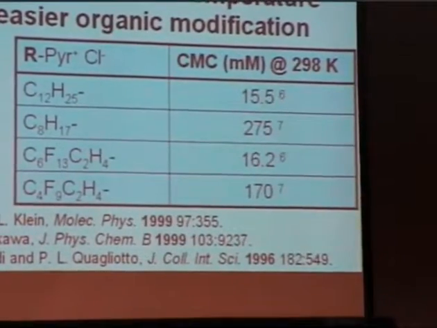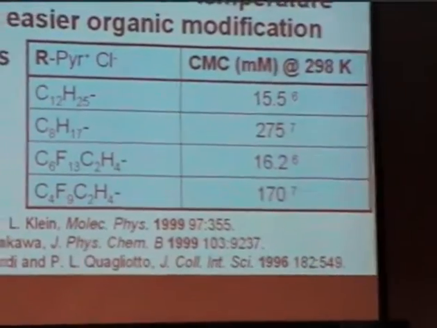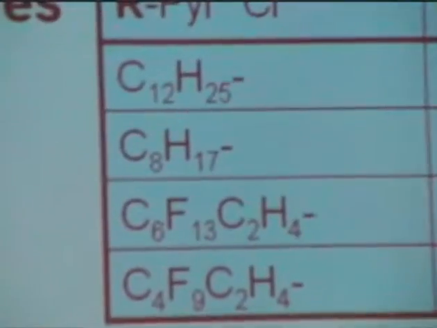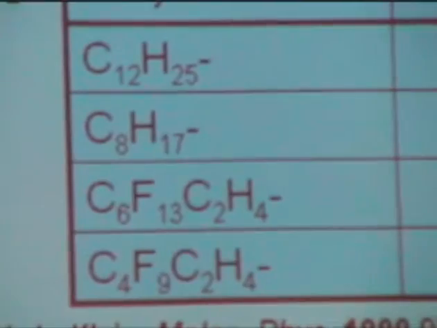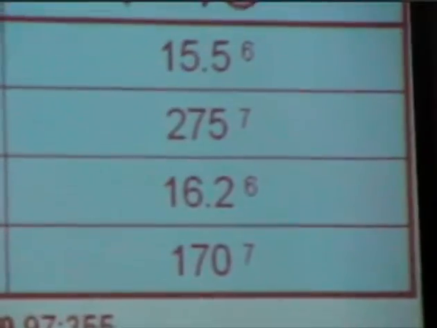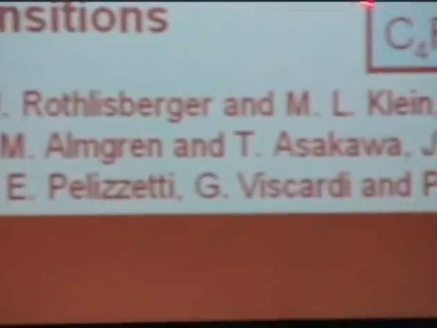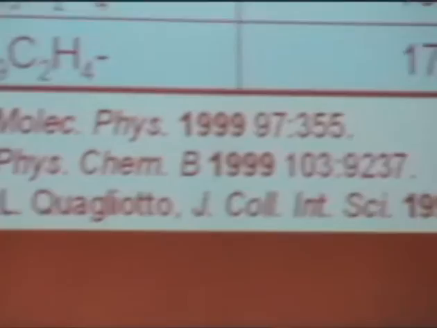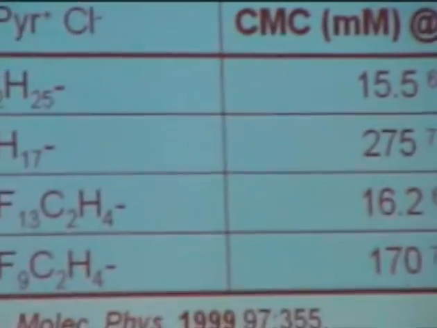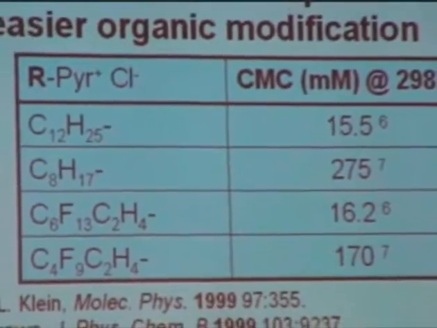So that means it's a lot harder for this shorter chain surfactant to assemble. On the other hand, if we look at a fluorinated version of that same 8-carbon surfactant, 2 of the carbons can be fluorinated to make it stable. But it's as fluorinated as it can be and still remain stable.